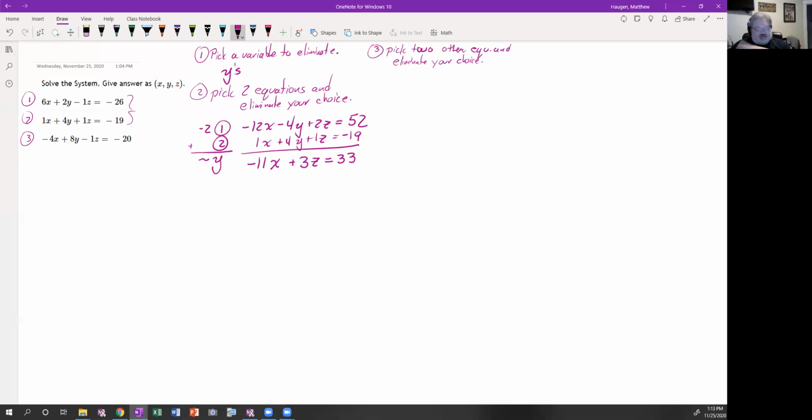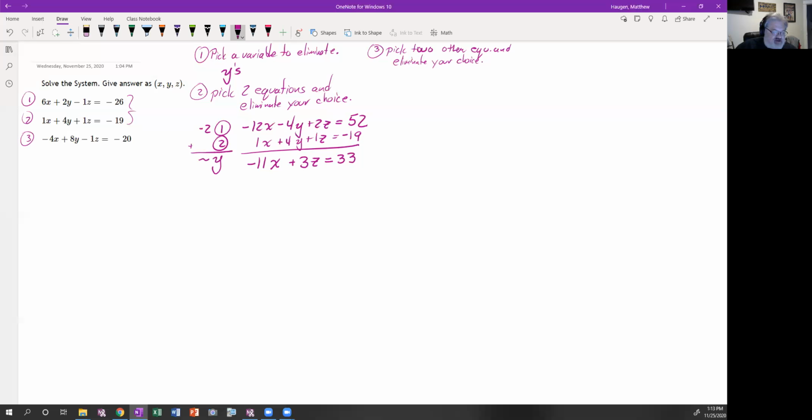The key here is as soon as you chose to get rid of y, Hope, that means we have to get rid of y in these first 2 steps. Fair? You can't choose y for the first pairing and then x for the second pairing. It's got to be the same variable both times. Fair? But we do need to make a different choice of equations. If we chose equation 1 and 2 again, we just get this same equation again, right?